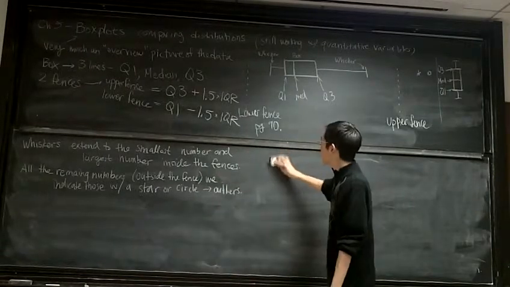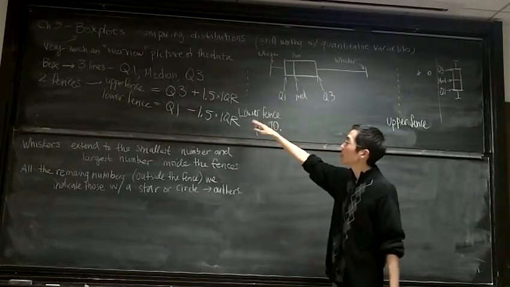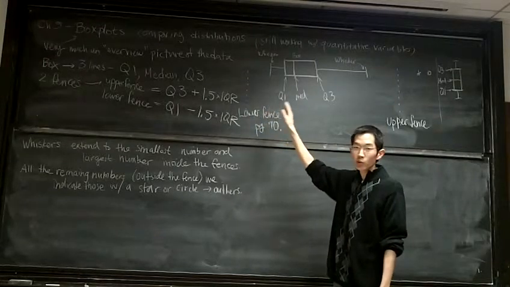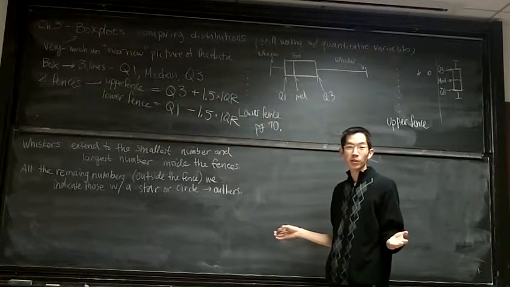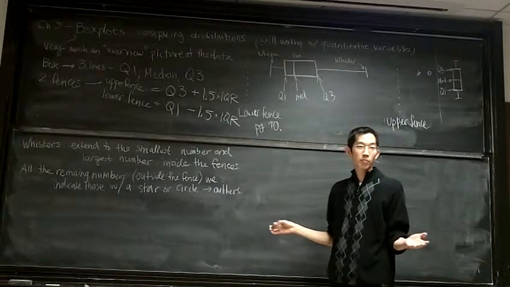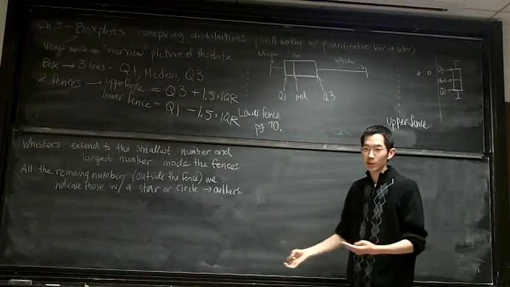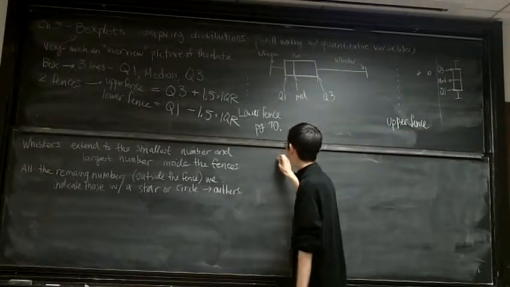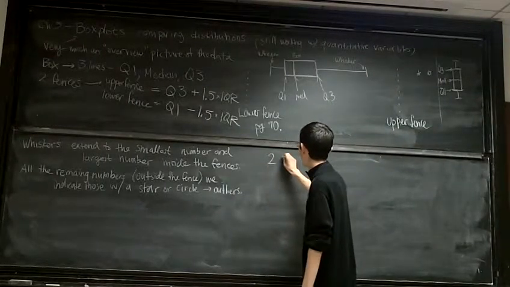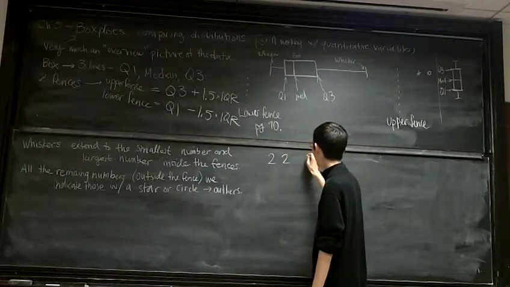Remember, when you're finding the median and the quartiles, what's the very first thing that you have to do with your list of numbers? Put them in order from smallest to largest. Just for time's sake, I'm going to go ahead and put them all in order from smallest to largest.